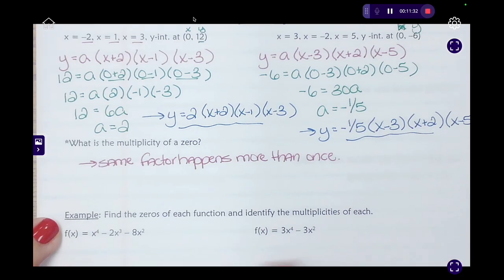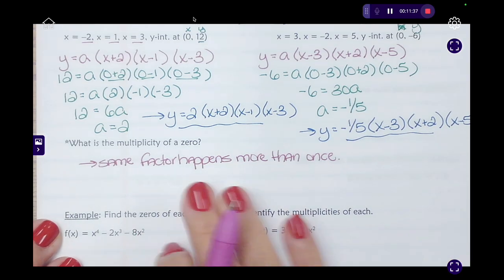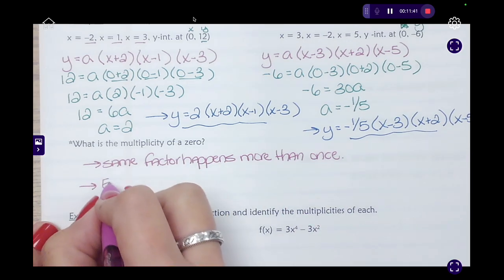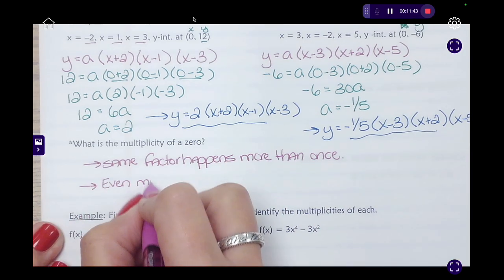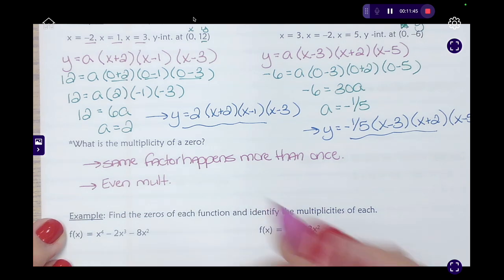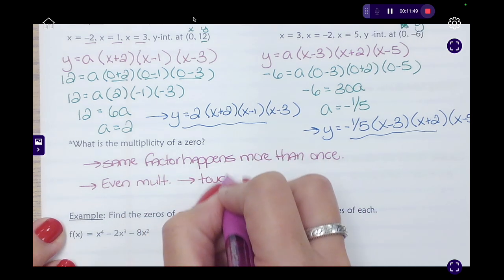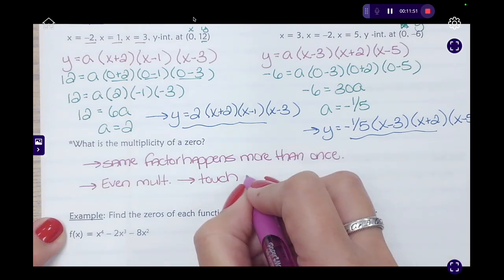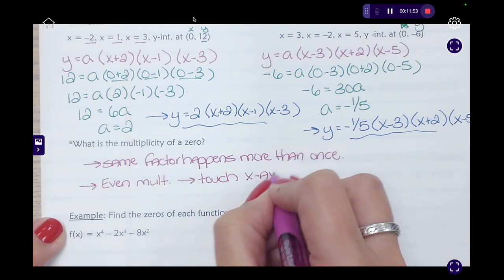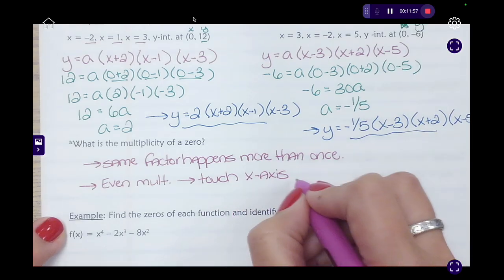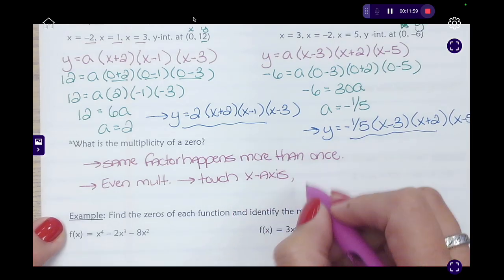So looking at this, the first ones we're going to do are some equations, and then we are going to look at a graph. So something that's going to help us out, it's going to have even multiplicity. I'm going to abbreviate. If, when you graph it, it just touches the x-axis. So the even multiplicity, if it touches the x-axis, which means it's going to bounce off of the x-axis.